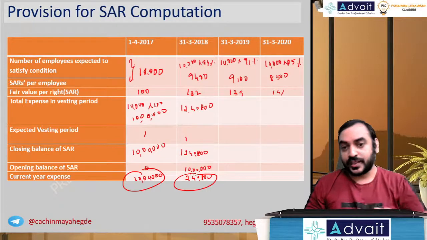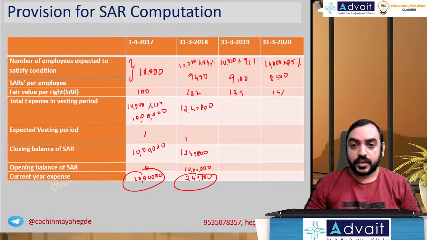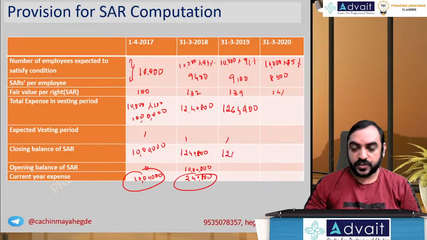Opening date, closing date. Next year end, 9,100 into 139 is 12 lakh 64,900. This is the closing balance, 12 lakh 64,900, and the previous closing balance is the opening 12 lakh 48,800. So minus 12 lakh 48,800.